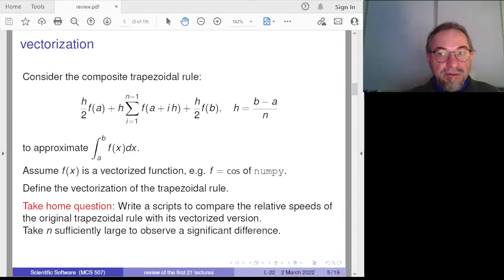So in the vectorized version, you use a linspace command. NumPy has the command to define an equidistant range of points in one single command.